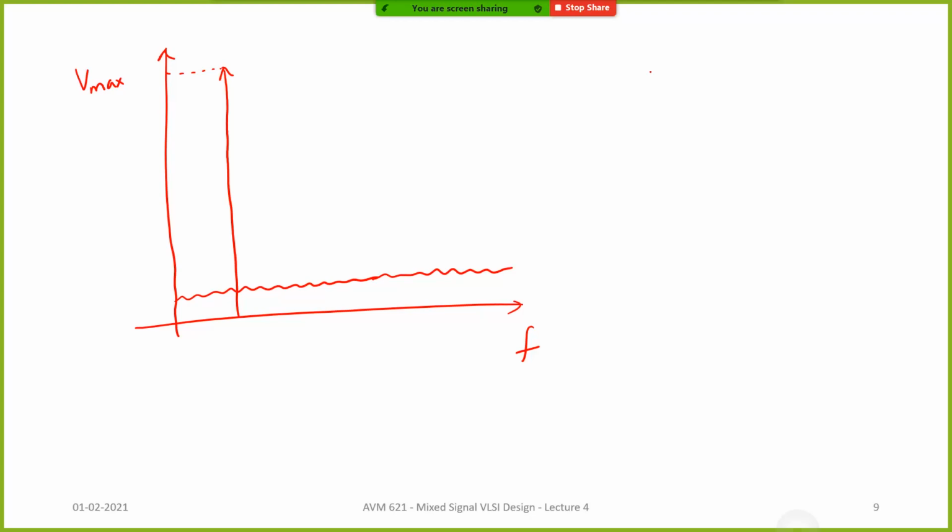Usually these are measured plots. If you are doing an A to D converter, you give a single tone source of max amplitude, send it through the ADC, and you get these bits. You capture these bits using logic analyzers or some FPGAs, and you do an FFT.